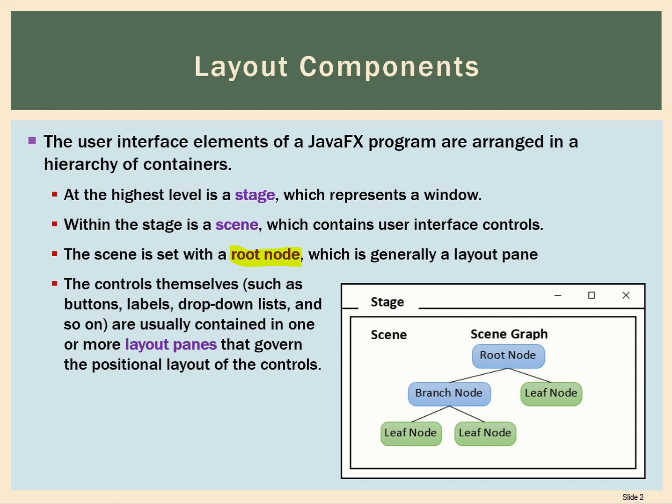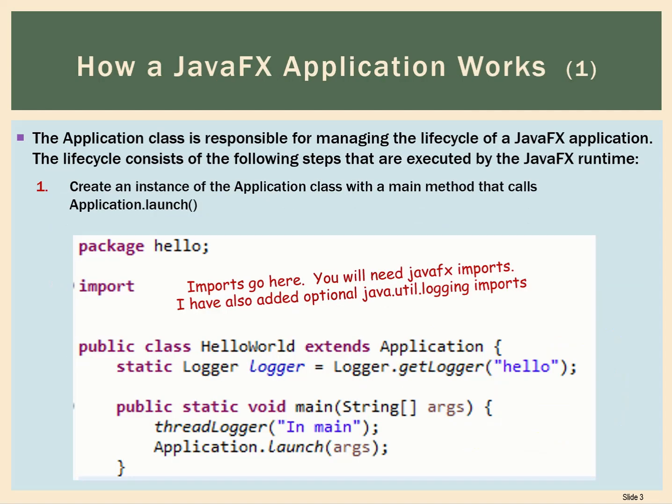And the root node is generally a layout pane, which we'll talk about in an upcoming lecture. But for now, a layout pane is just a container to hold all of your objects. So it can hold a button, it can hold text fields, anything you need can be held inside of that pane. We're going to examine the 5 steps needed to set up a JavaFX application, starting with step 1.